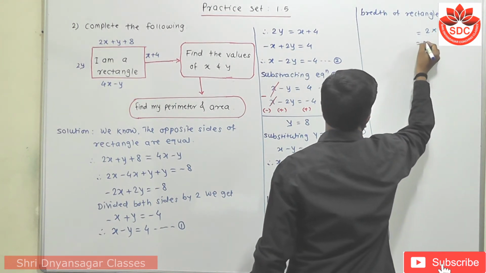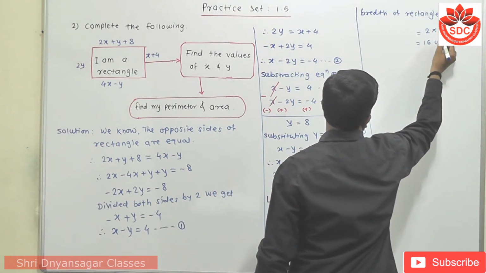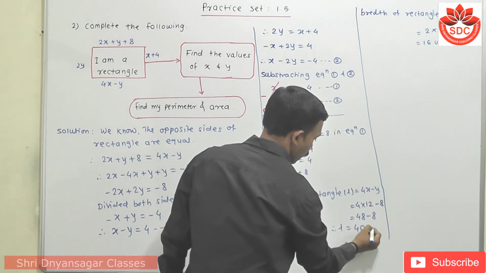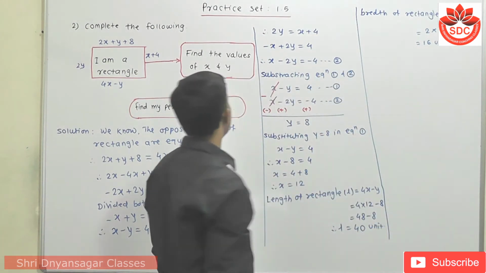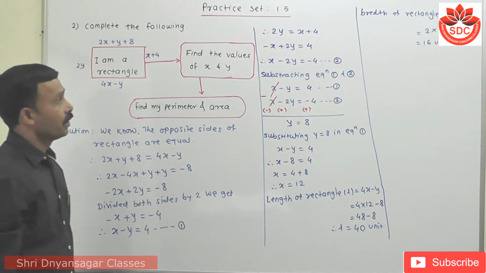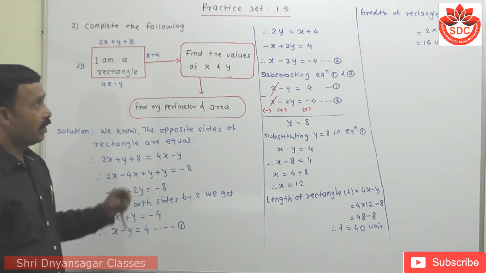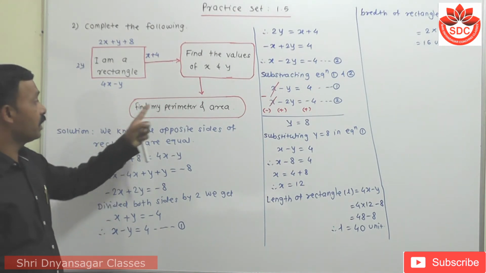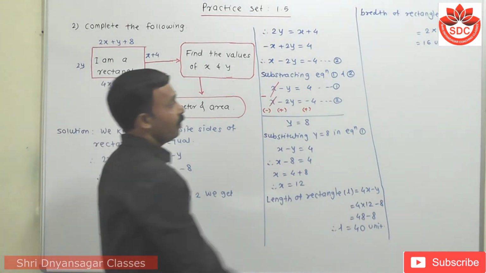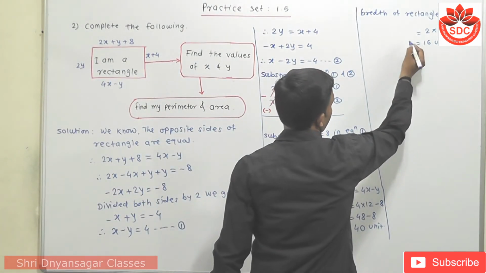Means that 8 into 2 is 16 units. Here also, because the unit is not given here. So this is the length and breadth of the rectangle. Then we use this length and breadth to find out its perimeter and area. Now the breadth is denoted by b.